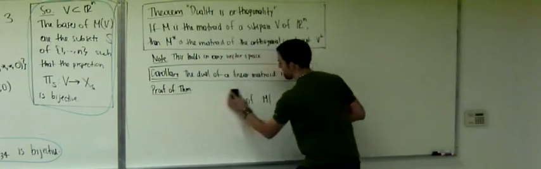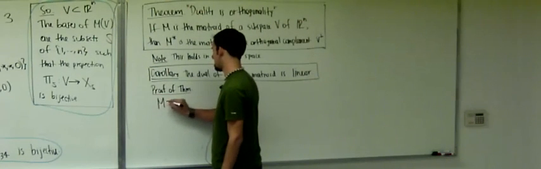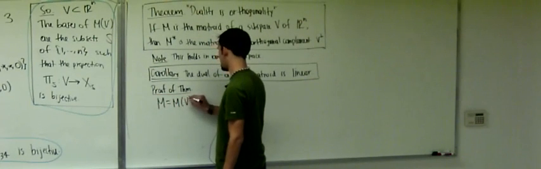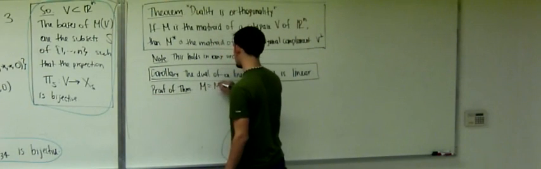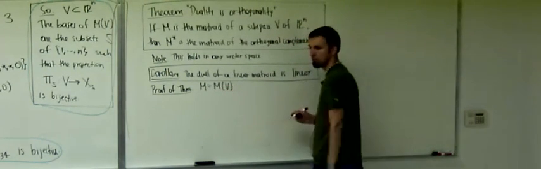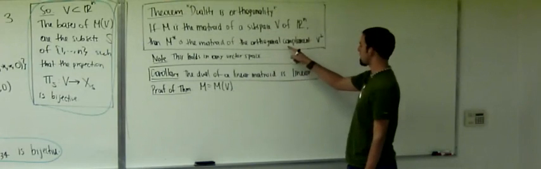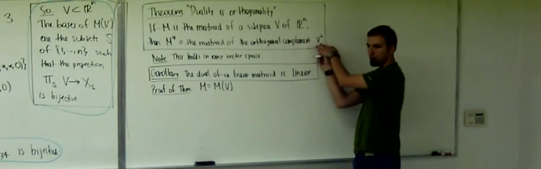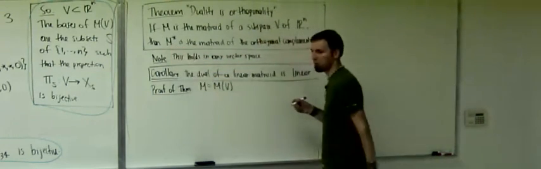Let's put it this way. By definition, M equals M of V. Okay? And what I want to show is that if I look at the matroid M of the orthogonal complement, then that matroid is exactly M star.